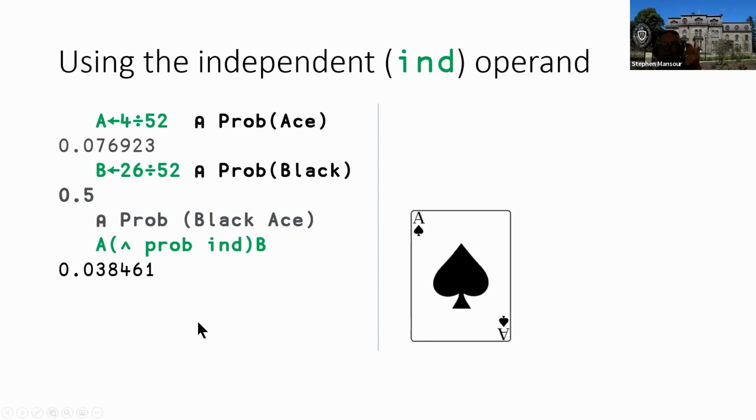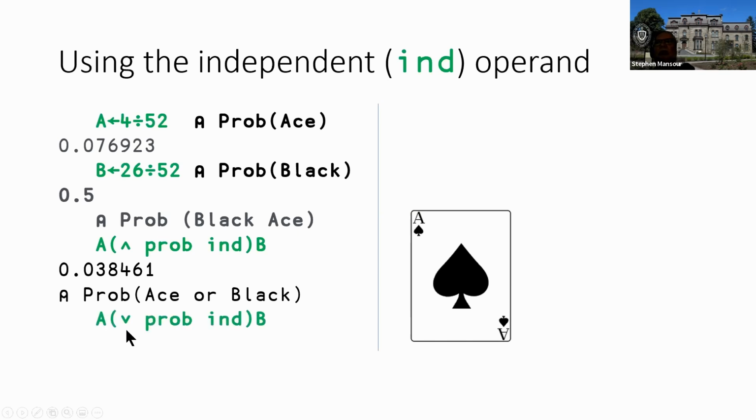But we can also ask, what's the probability that I have an ace or a black card? What's the probability I draw a card that's either ace or black? These are independent events. The probability that a card is an ace has nothing to do with whether it's black. So I can just replace and with or, and now calculate the probability of that.